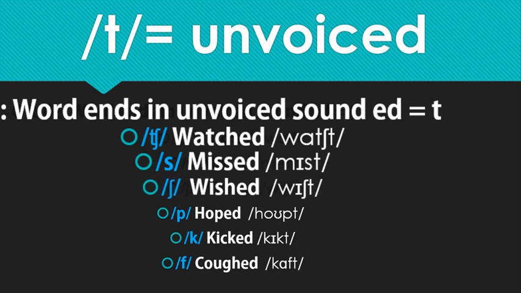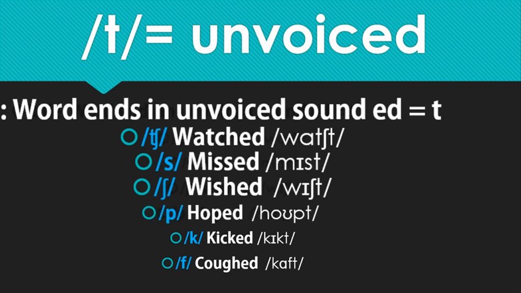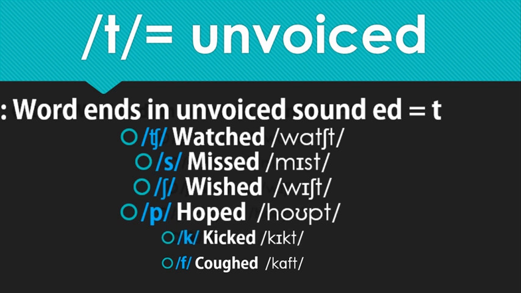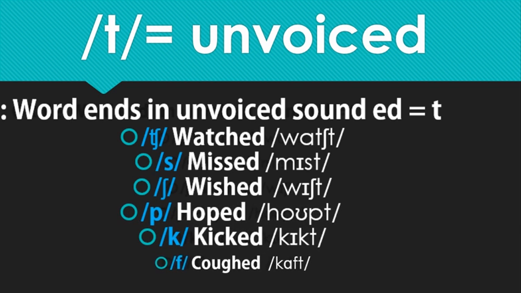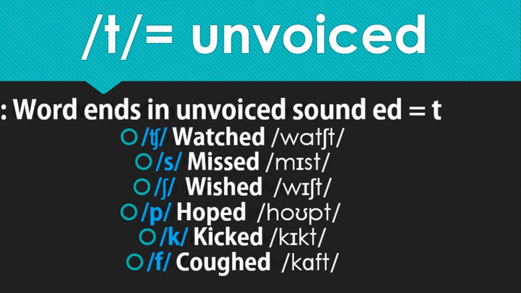Then you have the sh in wished, the p in hoped, the k in kicked, and the f in coughed. Now keep in mind that coughed has a very irregular spelling. O-U-G-H has many different pronunciations, but in this case, the GH has an f sound. F is an unvoiced consonant, so it will take the t sound.